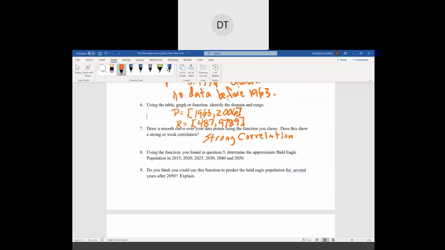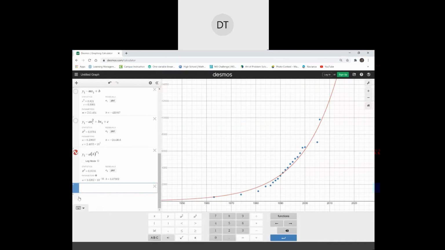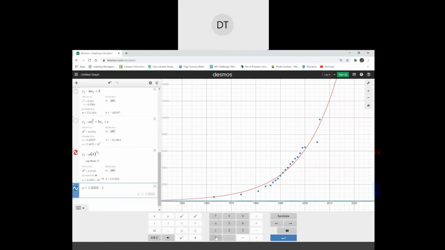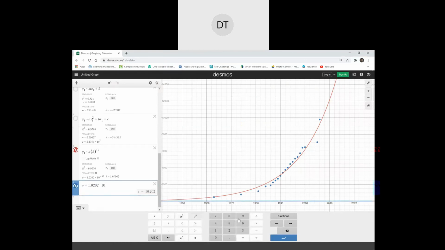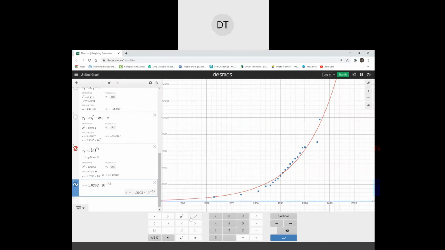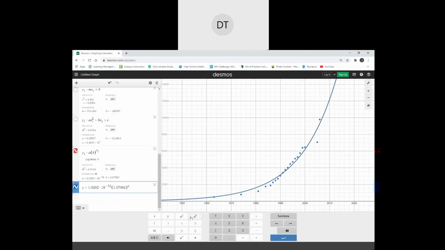So let's go back to Desmos and answer that question. Okay, now we can answer that question. We're just going to have to type in our functions. So first, we're just going to say y equals 1.0202 times 10 to the negative 55th, parentheses 1.07002, and we're going to raise it to an x.